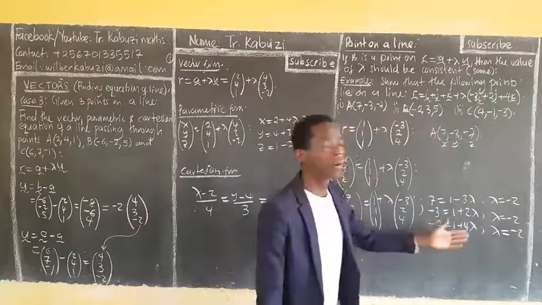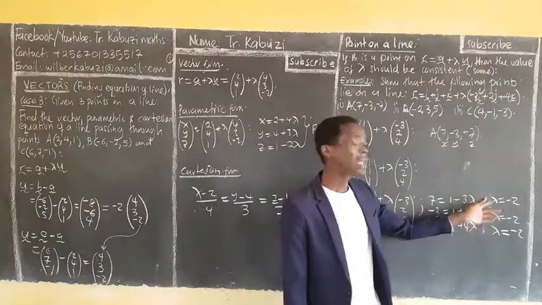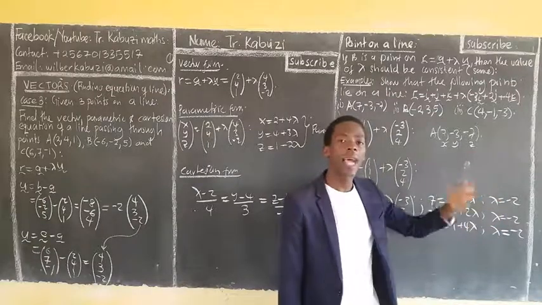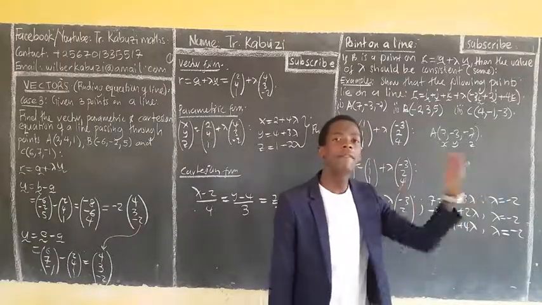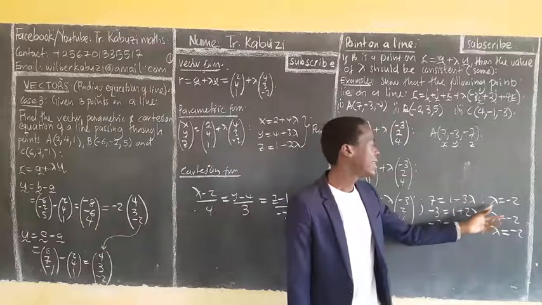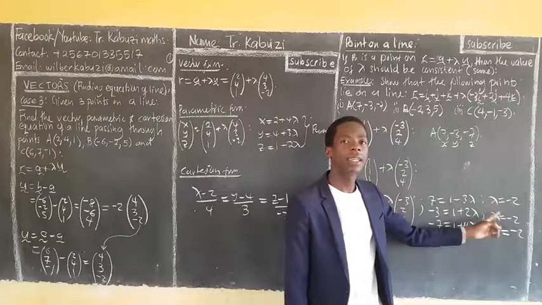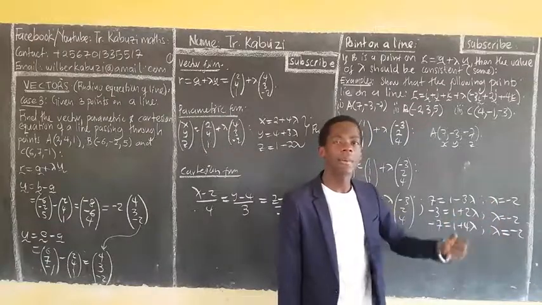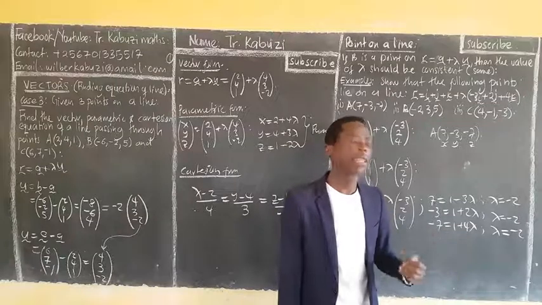So this is what we mean by saying that lambda should be consistent. It means it should have the same value. From all these equations, lambda has the same value, so we say that lambda is consistent.